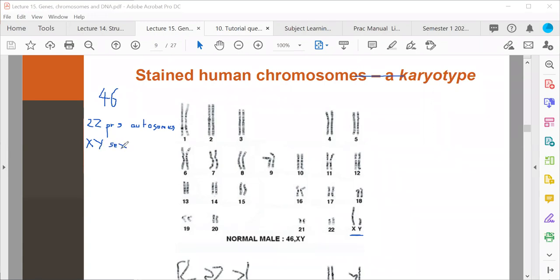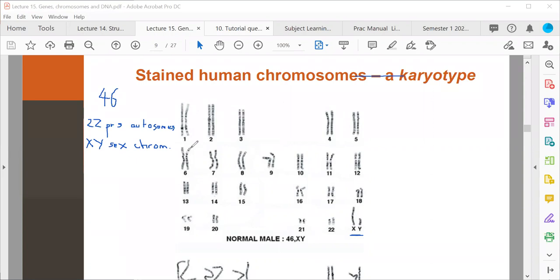And of course, they determine gender. So you can see 2 copies of chromosome number 1, 2 copies of chromosome number 2, and so on and so on.